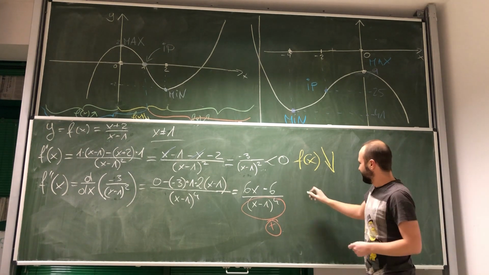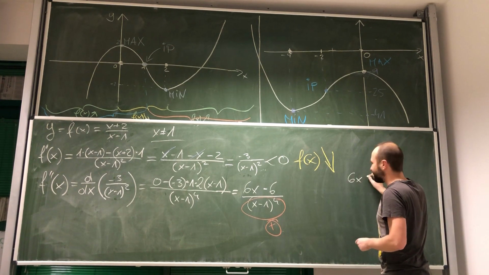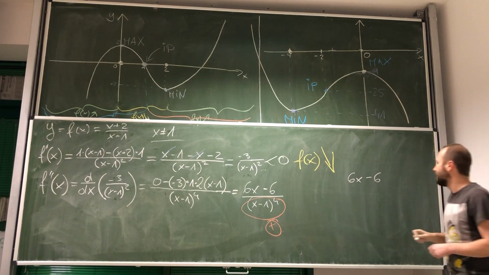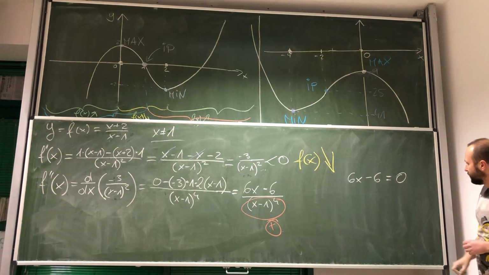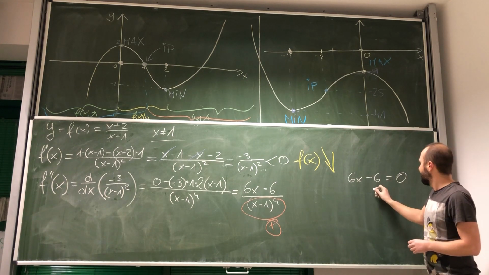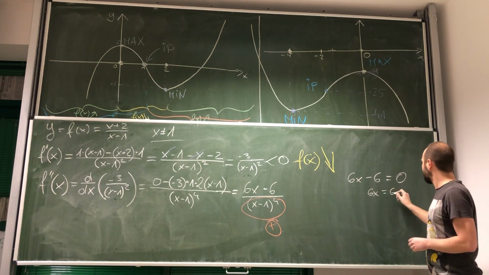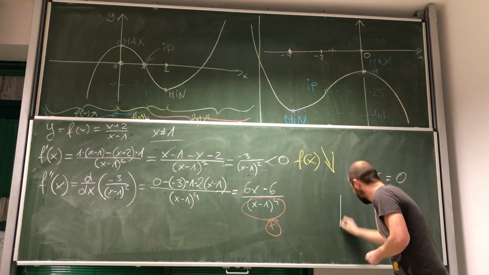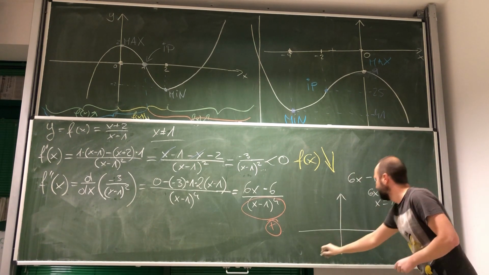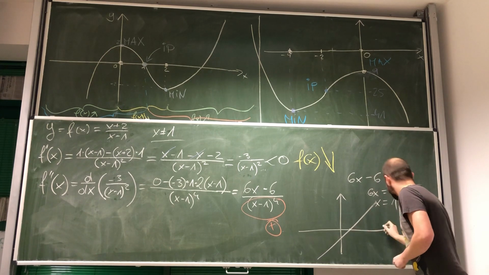Look, this we can get again by noticing that this is a simple linear function with positive coefficient, which cuts through the 0 axis when x is equal to 1, which means that this function is going to look like that.